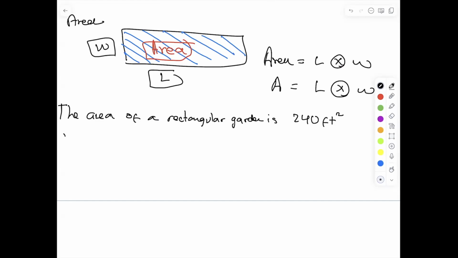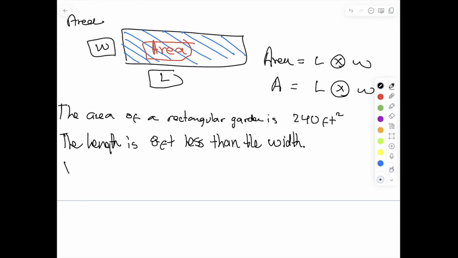The length is 8 feet less than the width. What are the dimensions of the garden?